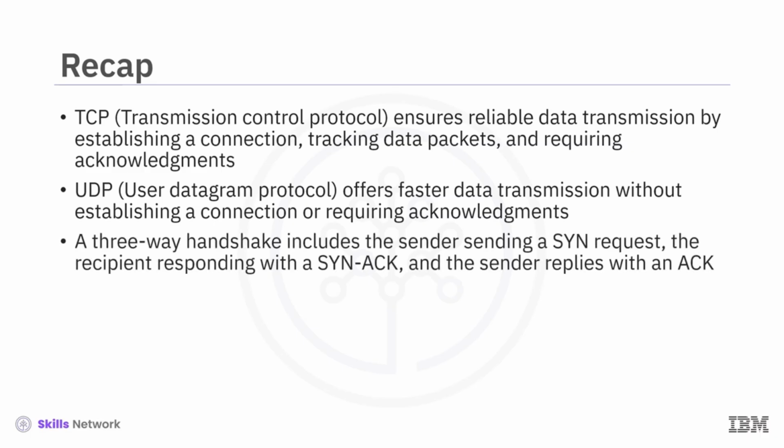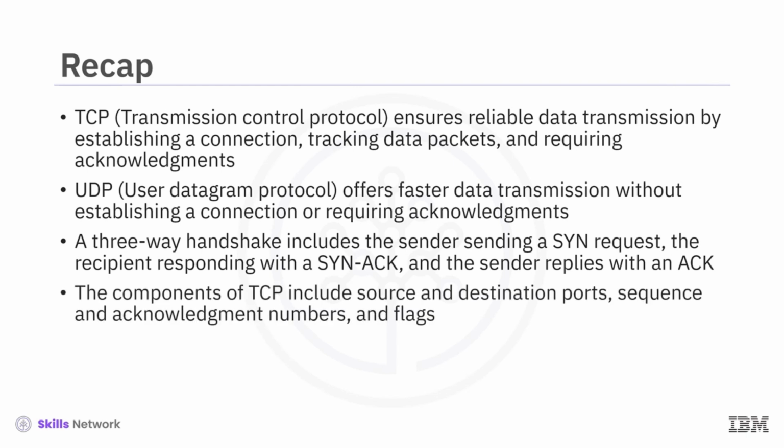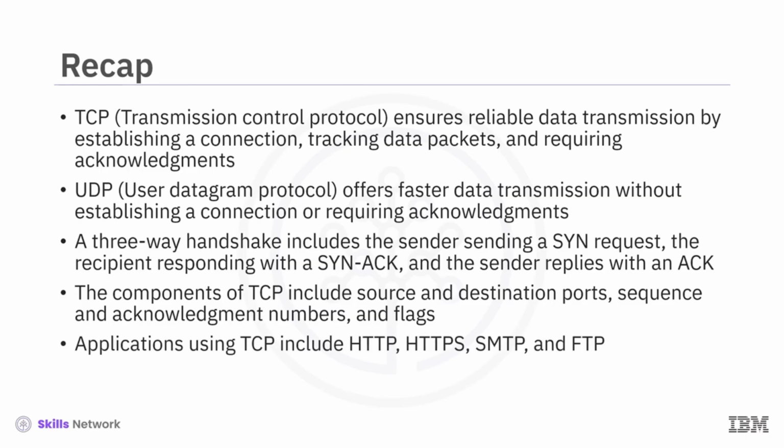A three-way handshake includes the sender sending a SYN request, the recipient responding with a SYN-ACK, and the sender replying with an ACK. The components of TCP include source and destination ports, sequence and acknowledgement numbers, and flags. And applications using TCP include HTTP, HTTPS, SMTP, and FTP.